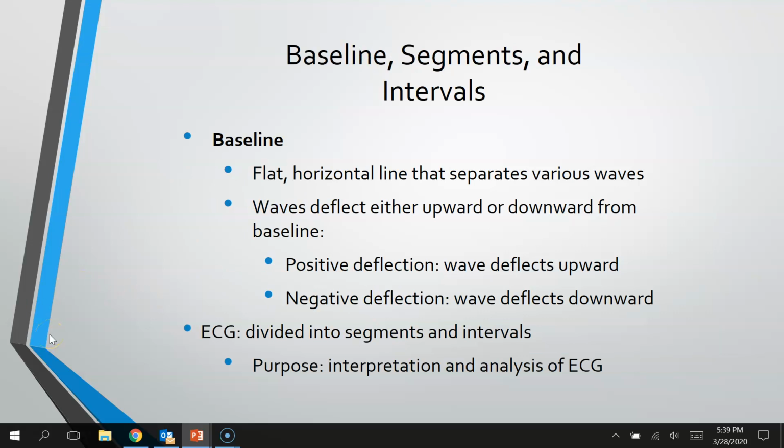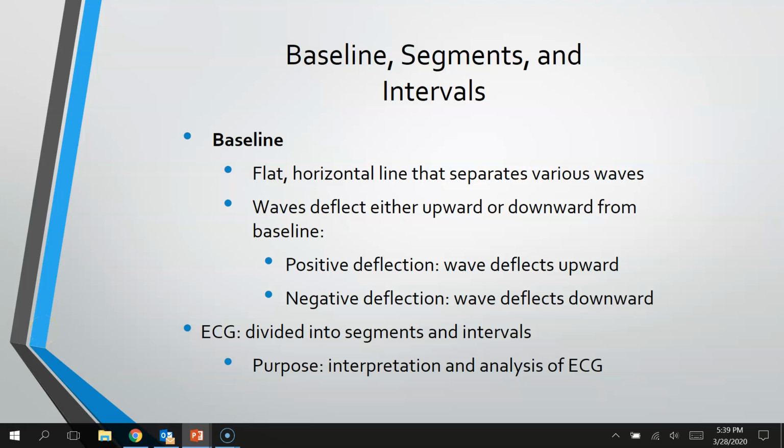So when we talk about the baseline, again, we're talking about the isoelectric line. If we have an upward deflection or a positive deflection, the wave is going to go up. That negative deflection is going to go down. We talked a little bit about the segments and intervals. Segments are going to be between two waves, and intervals are going to include the wave plus the space between the two waves.